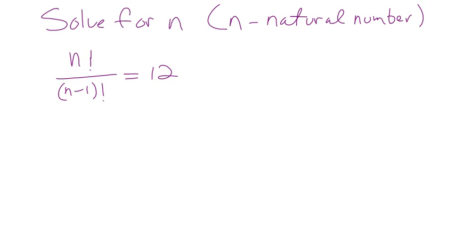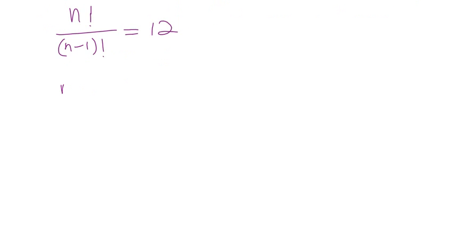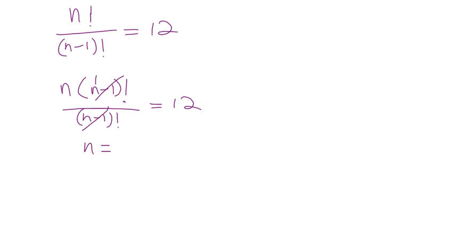Just try and simplify. Can we simplify the left side of this? So it's n, which is the bigger number, times n minus 1, and I'm going to stop there, right? Why? Because I have an n minus 1 on the bottom. Now what do I do? And we end up with n is 12.